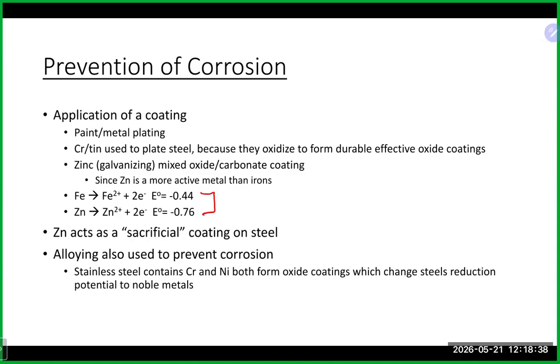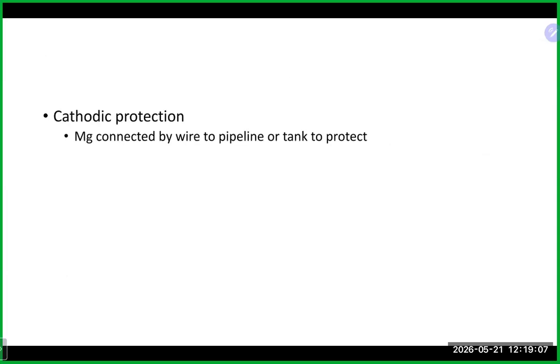So again, it's acting as a sacrificial coating where all the oxidation occurs on the zinc, again protecting the iron and the main part of your structure. Alloying as well is another way. You could add some other elements in, and it also sometimes changes the SRP value to something like gold and those noble metals, which again will allow it to resist oxidation.